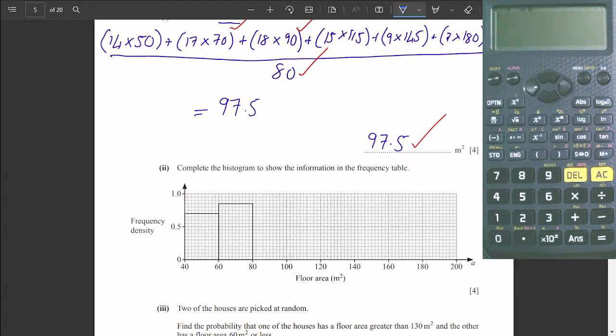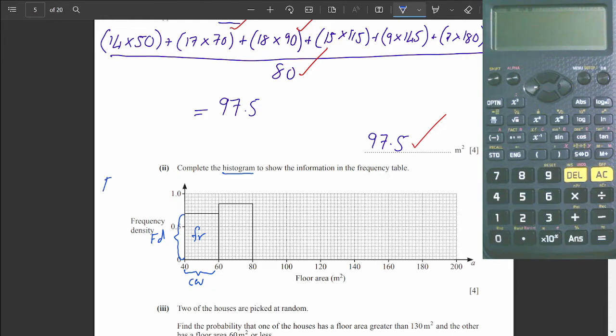Question B, part 2, with histograms, remember the formula. An easy way to remember it is that the area of a bar is always equal to the frequency, meaning if you take the width of the bar, which we call the class width, which I abbreviate to CW, and you multiply it by the vertical axis, which is the frequency density, you get the frequency.